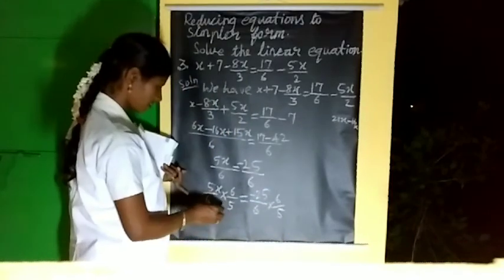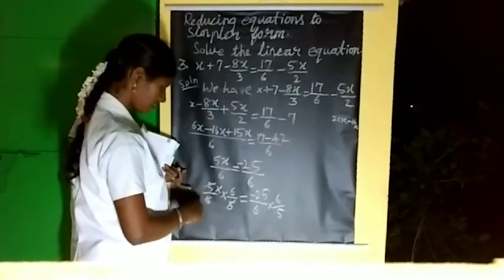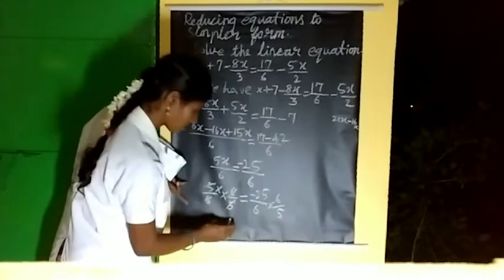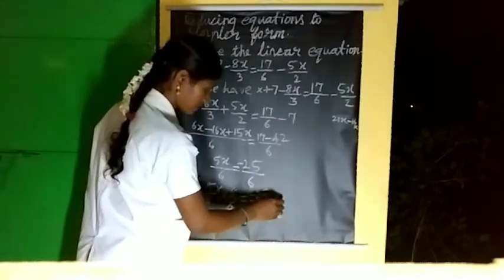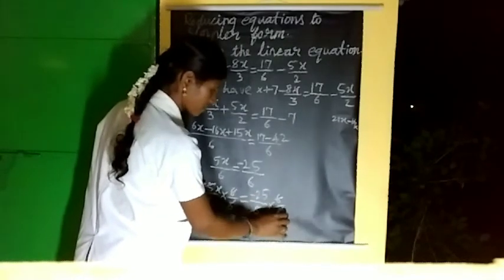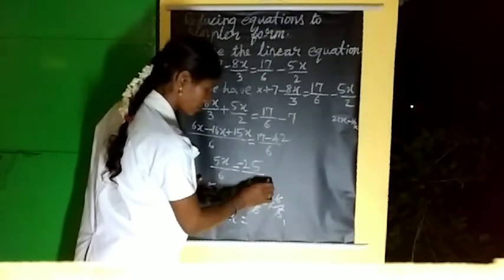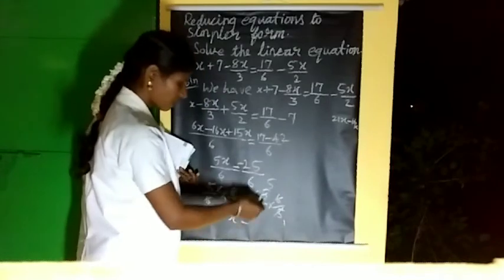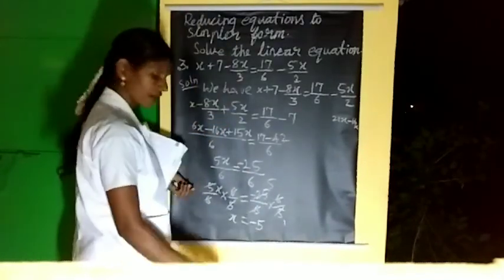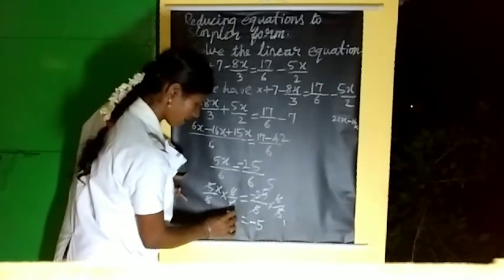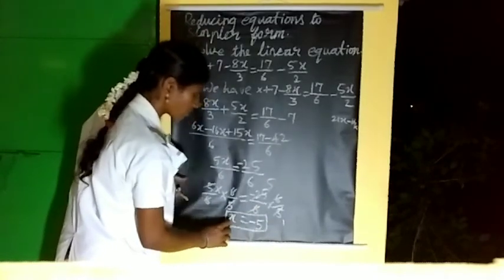Now this 5 cancels, 6 cancels. In the LHS will be x is equal to, 1 5 is 5, 5 5s are 25. Now what is the answer? Minus 5. Don't forget to write minus. So x is equal to minus 5 is the required solution.